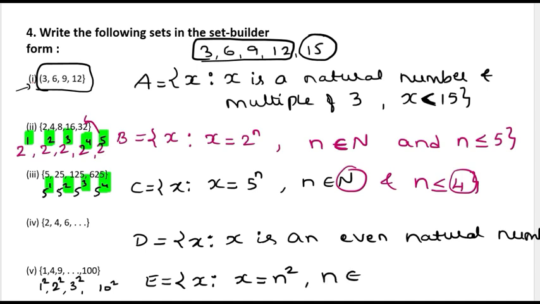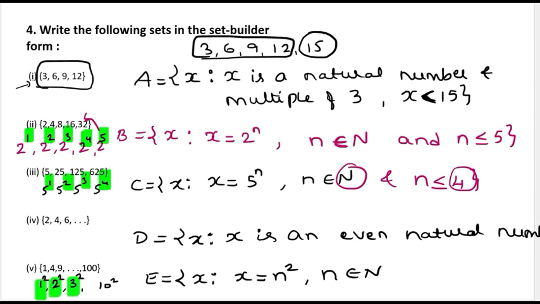What is this n? N belongs to natural numbers. All this n, that is 1, 2, 3 up to 10, is a natural number, and that n should not exceed 10. Last number should be 10. I hope it is clear.